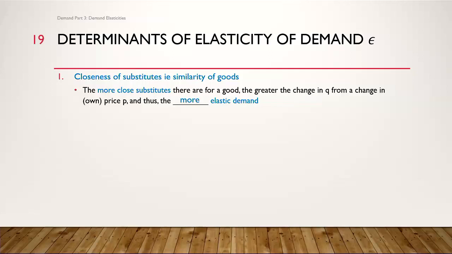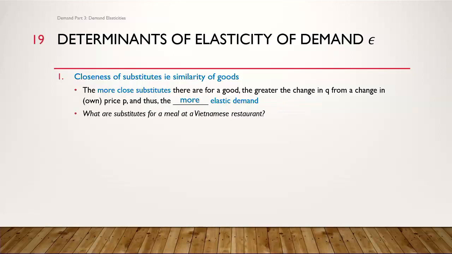They want to say our product is different from the competitors, there are no close substitutes for us. The more they can convince you that you have to have this product because there's nothing close to it, the less elastic demand is, and it increases their ability to raise prices without losing demand.